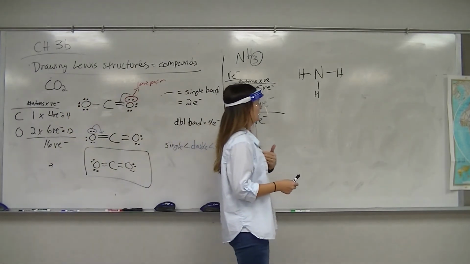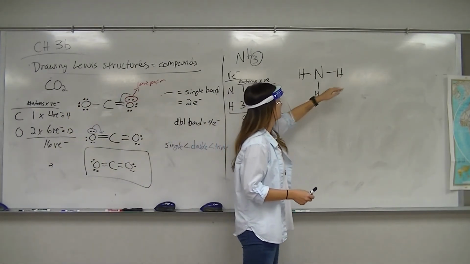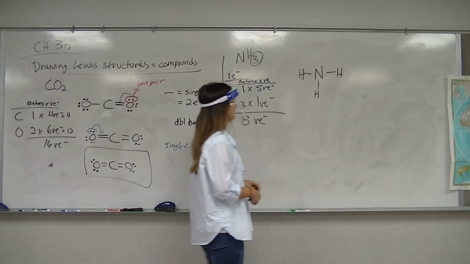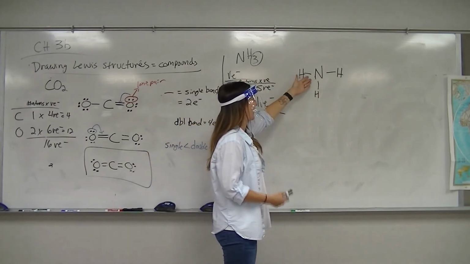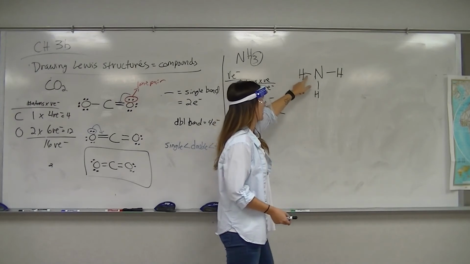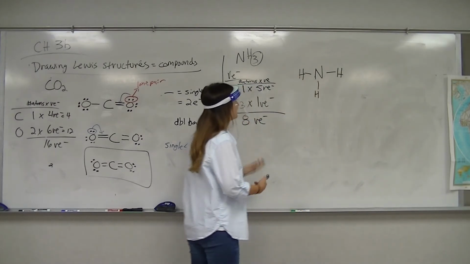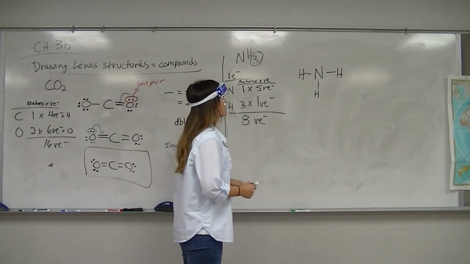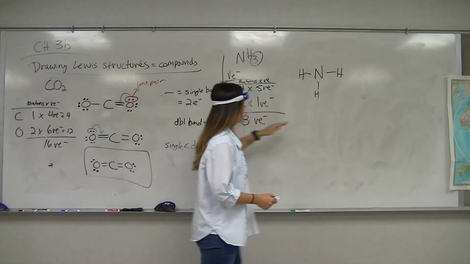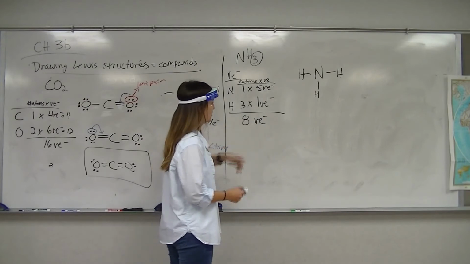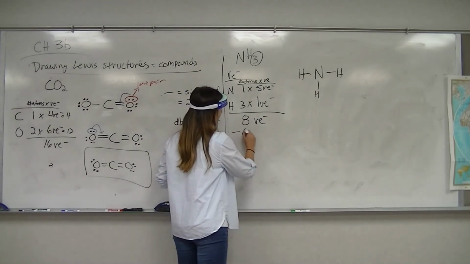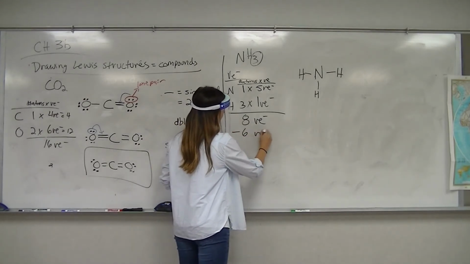So now that the terminal atoms are happy, I'm going to look at the central atom. Nitrogen, like the rest of them, wants 8. How many does nitrogen have right now with these single bonds? 6. So we've used a total of 6. We have 8 to play with and we've used 6, so I subtract 6 from 8.